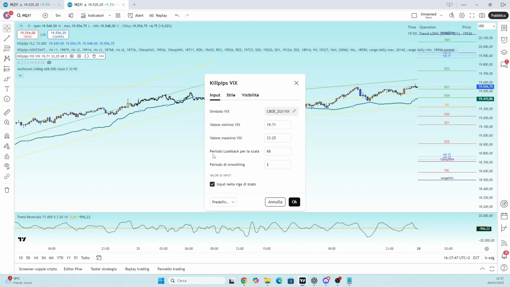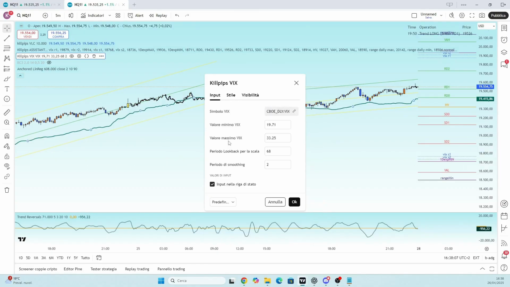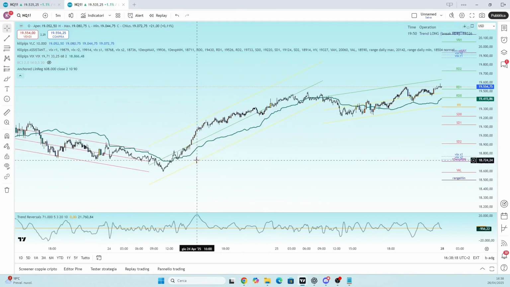For the look back period, we set it to 68, while for smoothing, we stay at 2. I removed all the arrow and ball indications to avoid confusion in the interpretations, so I left only the line with this setting. I'll show it to you again. These are the settings from Friday. These are the values taken from the minimum value string and the maximum value, and it goes to draw.